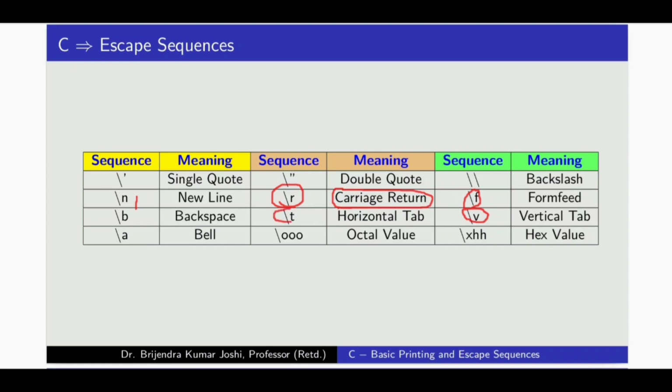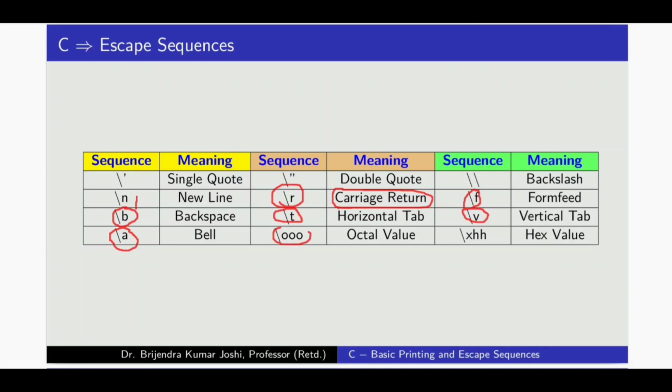This is very interesting. \t is the horizontal tab. \b, its effect is just like pressing the backspace key on your keyboard. \a is the bell character, and in DOS days when we used to send this character to the monitor, it used to generate a beep sound in the speaker of the personal computer.